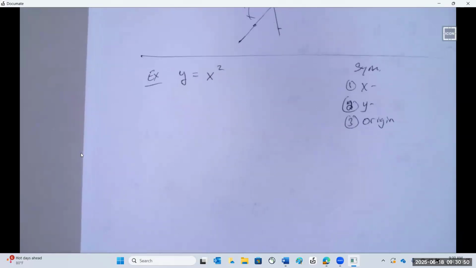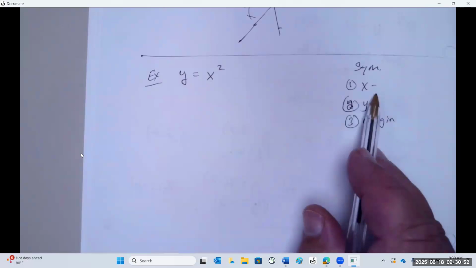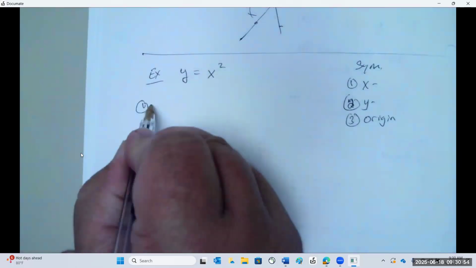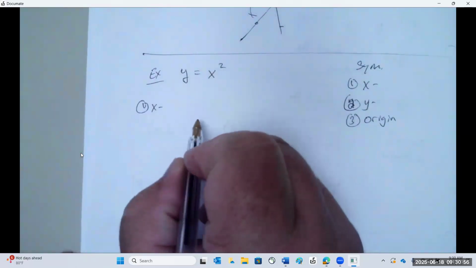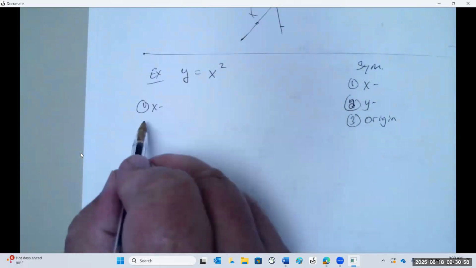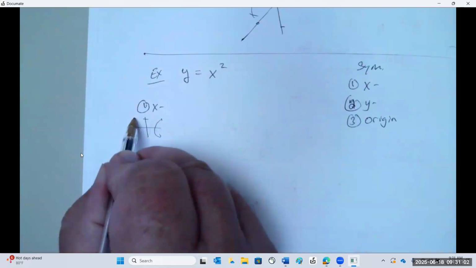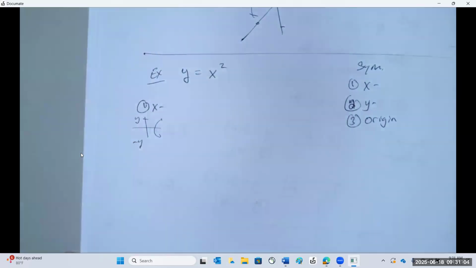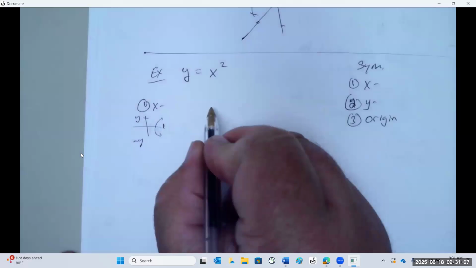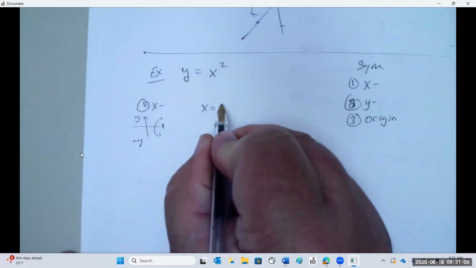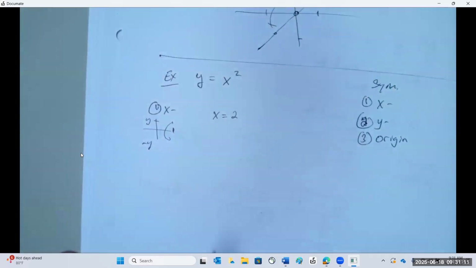All right. So back to this. How do we check for x-axis? For x-axis, the y's have to be different for the same x. So if I put the same x in there, can I get 2 different y values?